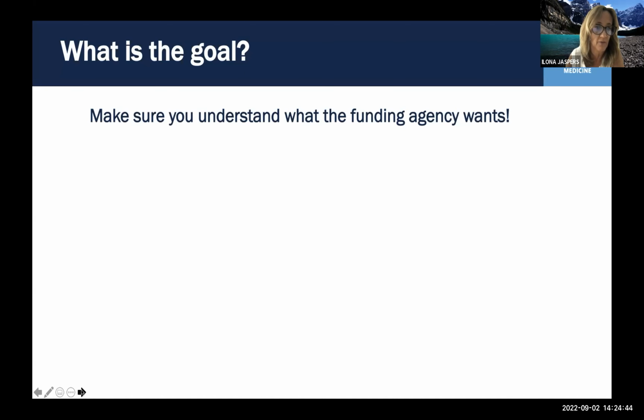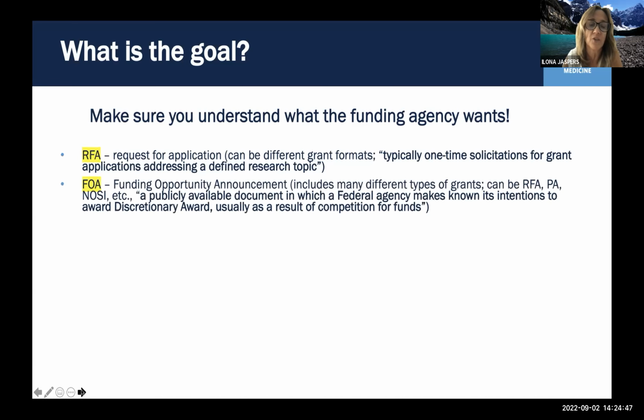There are many different alphabet soup jargons here, and you should make yourself familiar with them. There's an RFA, which is a very specific one-time solicitation. Those usually do not go by a percentile, they just go by an impact score and a ranking, because you are competing for a very specific pool, and they fund maybe one, the top 5, the top 10, whatever the RFA wants.